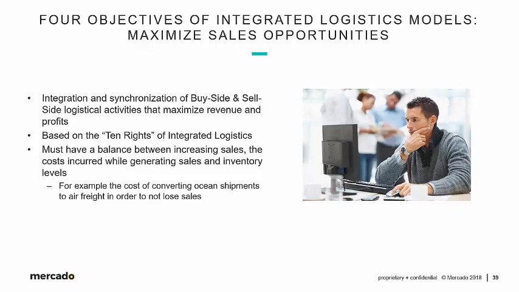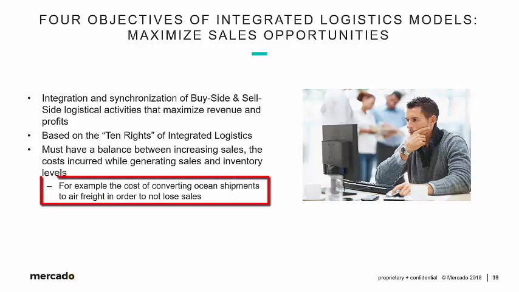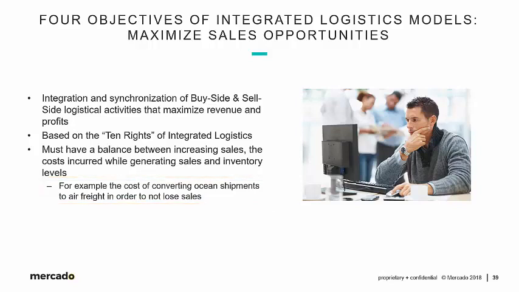We're taking that discussion to an objective specific level, in this case, maximizing sales. As a quick example of our last bullet point, the cost of converting ocean shipments to air freight in order to not lose sales. That is certainly dynamic inventory management, and usually when importers are bringing in air freight, when they normally use ocean freight, it's because there is an imbalance between customer demand and available inventory.